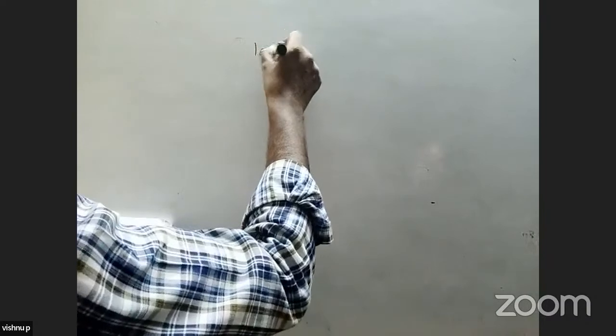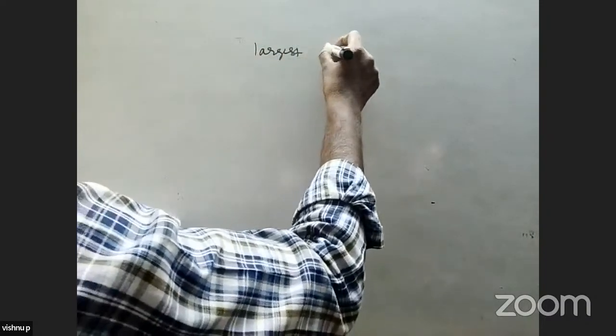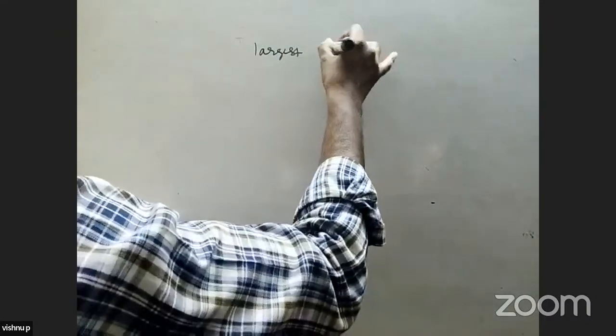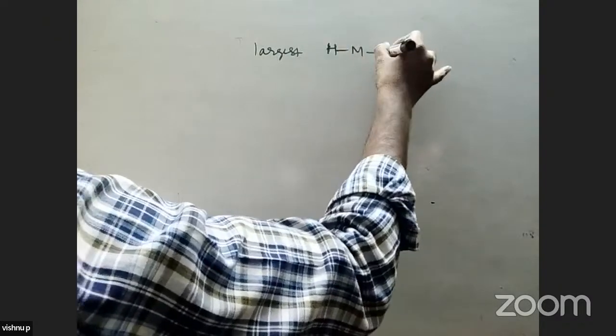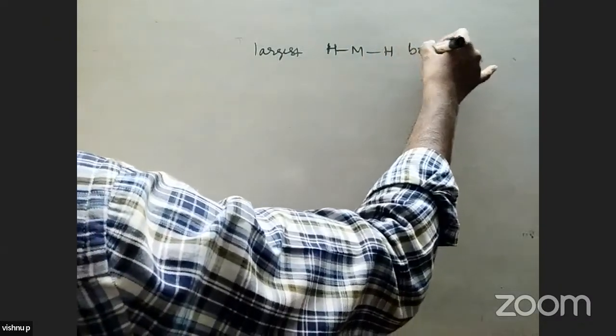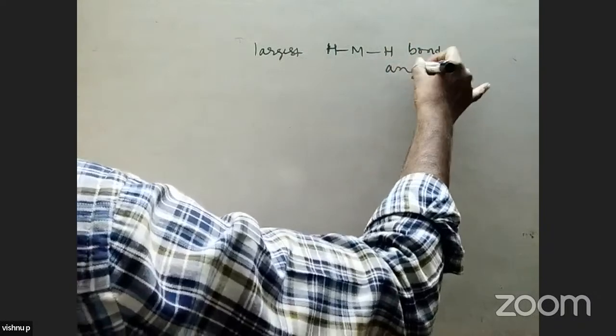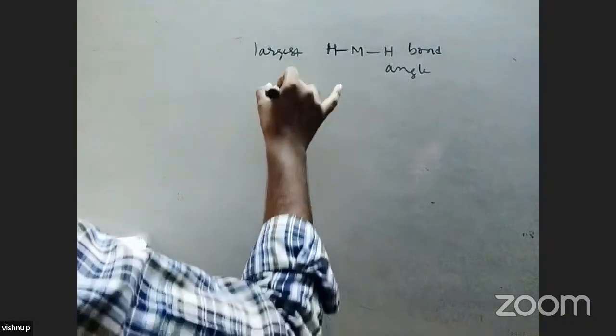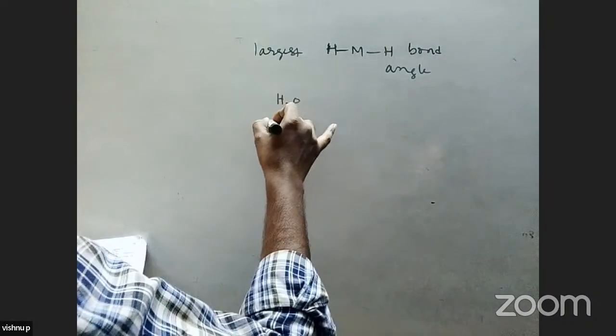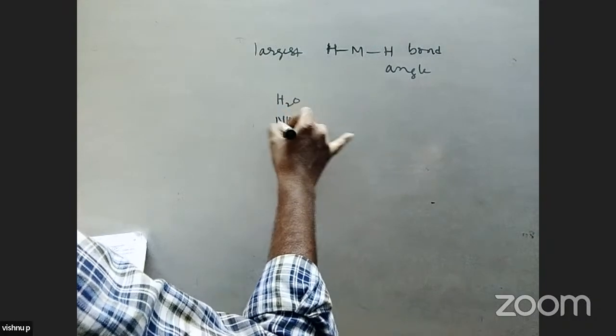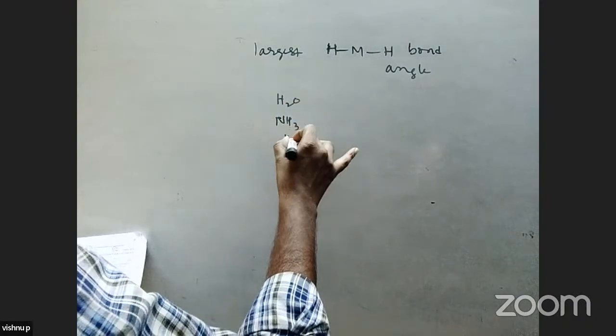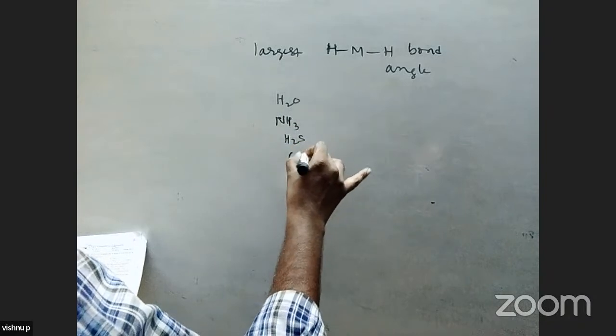Next, one more question. Which compound has the largest MH bond angle? H2O, NH3, H2S, CH4.